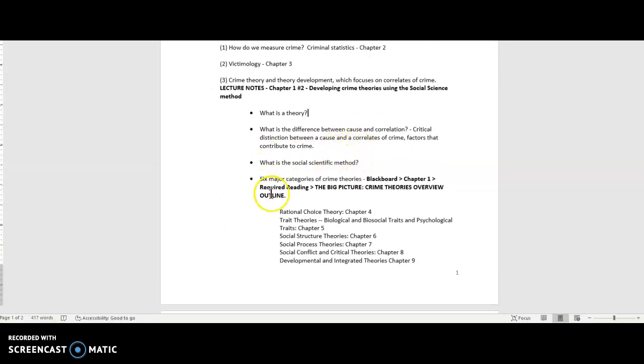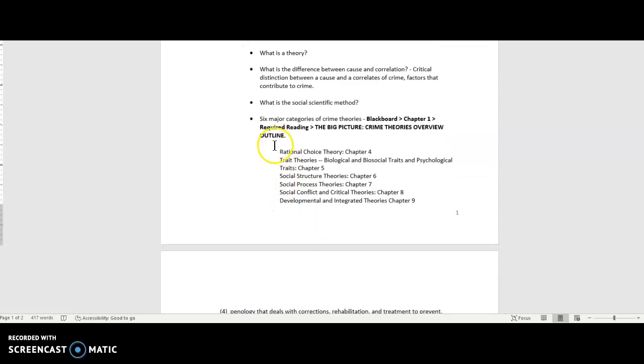Okay, so crime theory development will take us across chapters 4, 5, 6, 7, 8, and 9. You will see that we will take a deeper dive into 7 major categories of crime theory: rational choice, trait theories, social structure theories, social process theories, social conflict theories, and developmental and integrated theories.